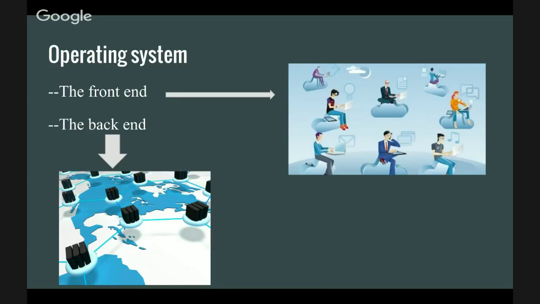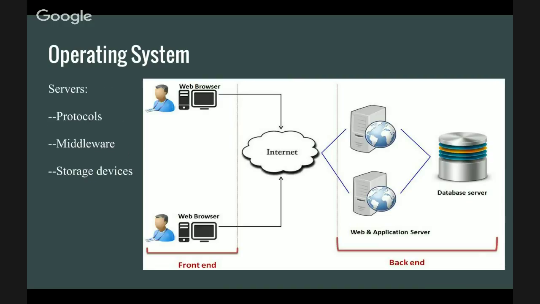And how it works. Basically, there are 2 ends in the operation system, the front end and the back end. The front end is us: the web browsers, the internet users, and the game players. And in the back end, there are some servers.